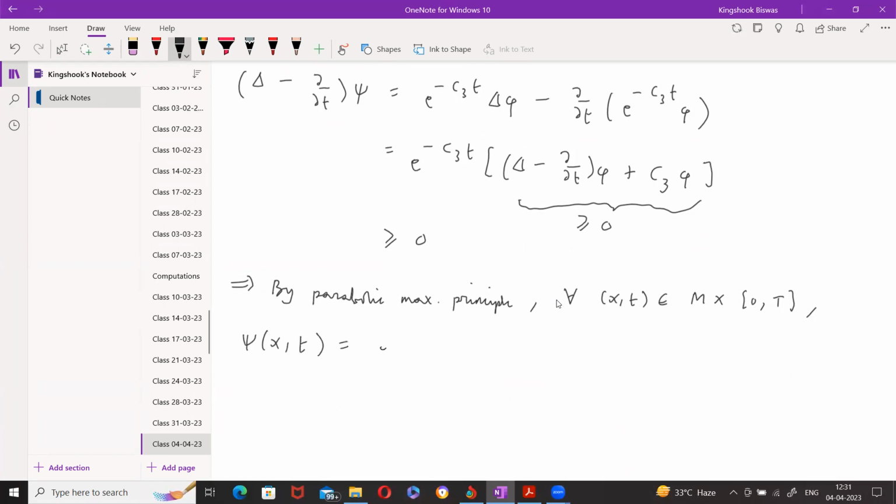So psi of x,t is e to the minus C3t into phi of x,t. This is less than or equal to the max over x in M of psi of x,0, and psi of x,0 is just phi of x,0, and phi of x,0 is 0 because u1 of x,0 is identically equal to u2 of x,0.